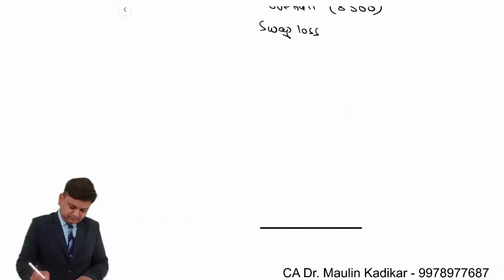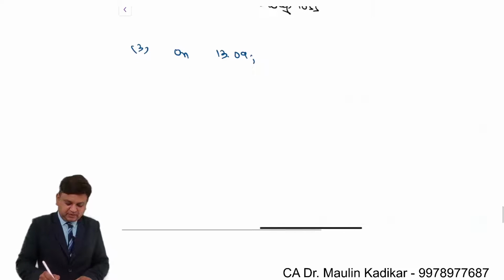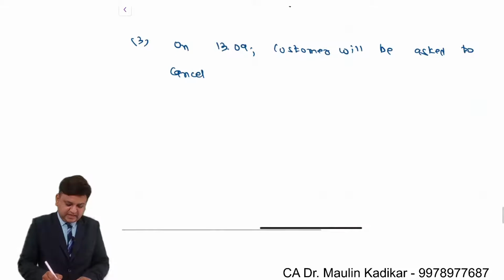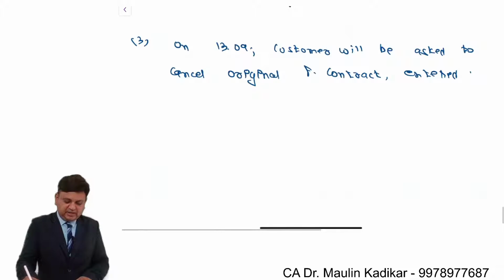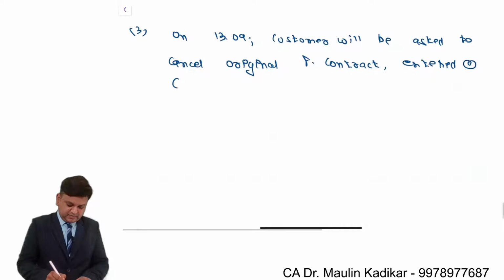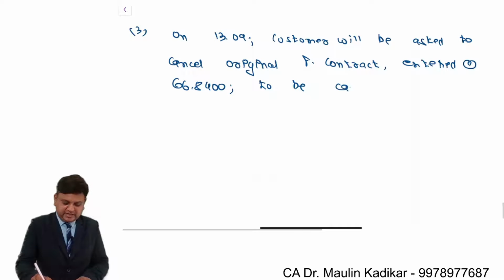Third, on 13th of September, the customer will be asked to cancel the original forward contract, entered at the rate of 66.84, to be cancelled at spot rate.